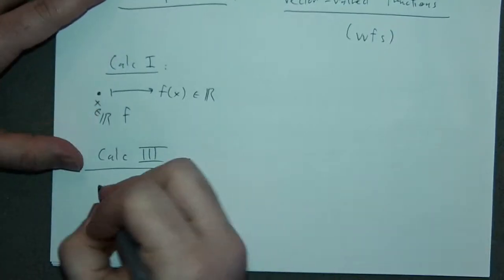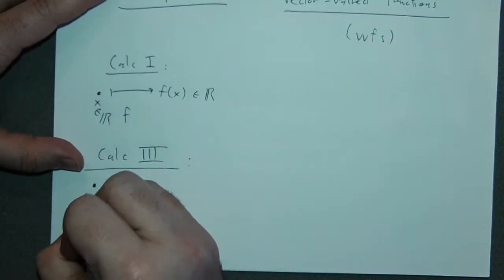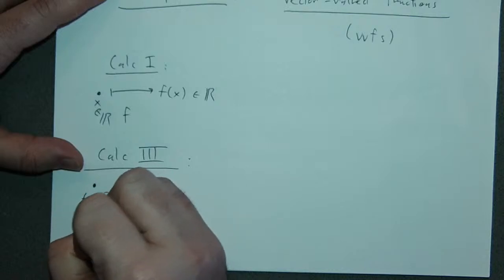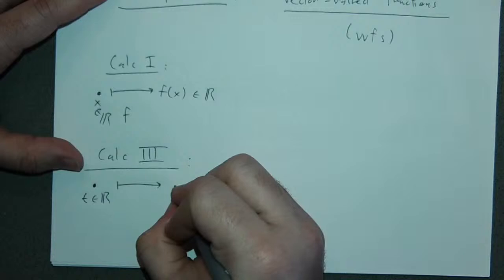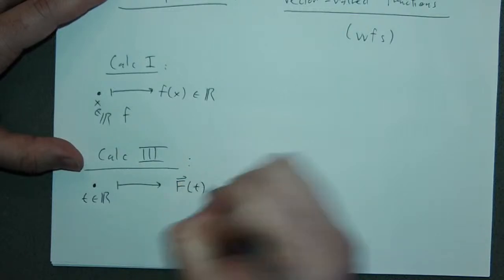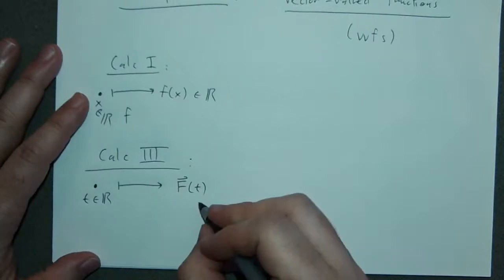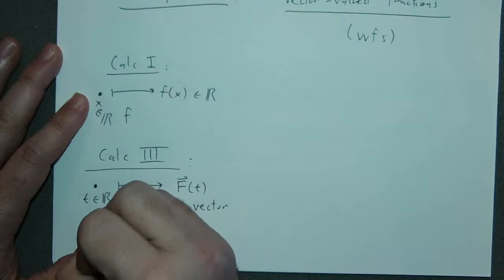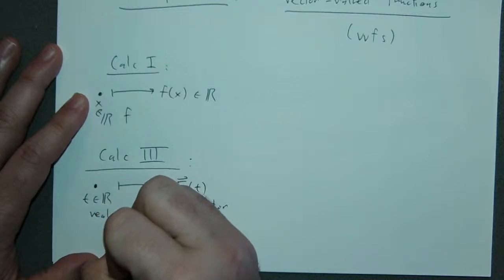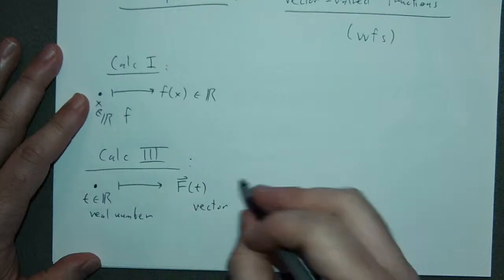The first thing that we'll discuss is we are going to take a real number, say t, and we are going to assign to that real number a vector, f of t. So this is a real number, and we assign to it a vector.